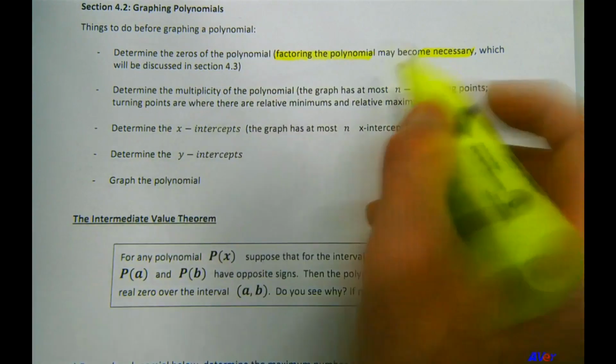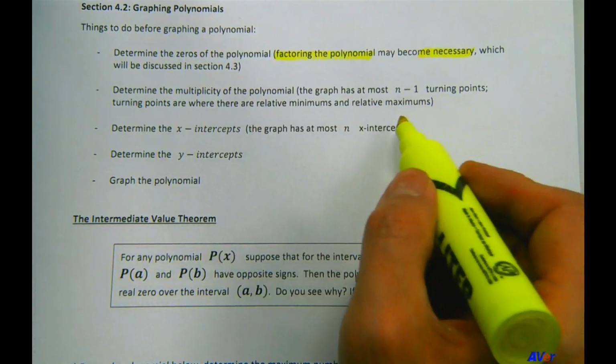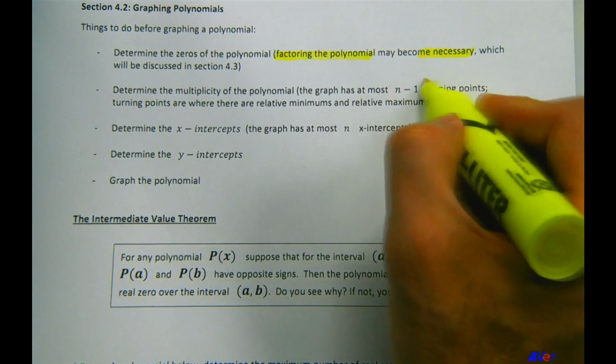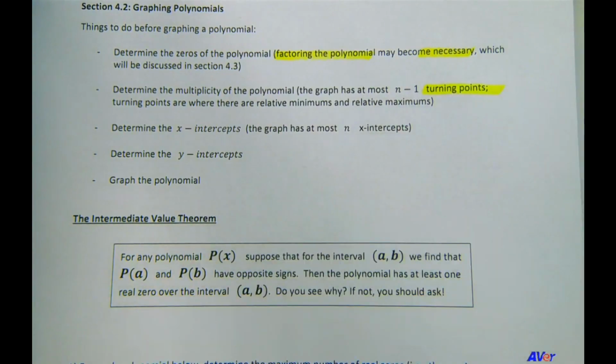The other thing that we have not yet talked about is the number of turning points. Last time we did discuss the degree of a polynomial, right? The degree of the polynomial is the highest power of x in that polynomial.